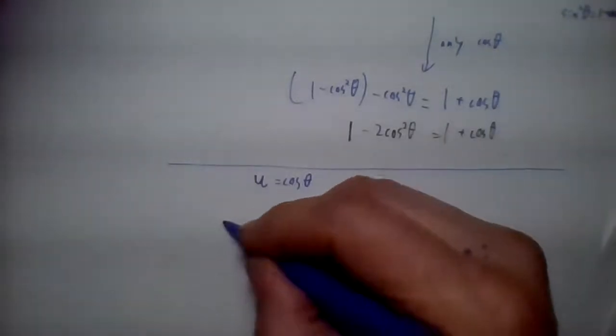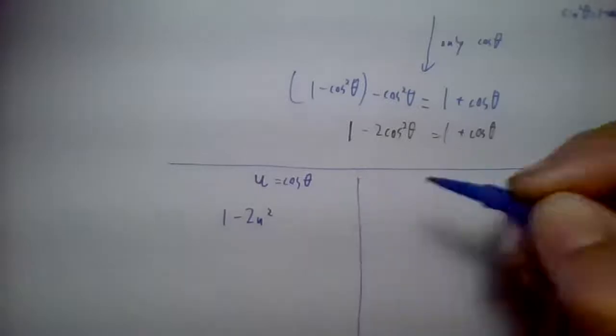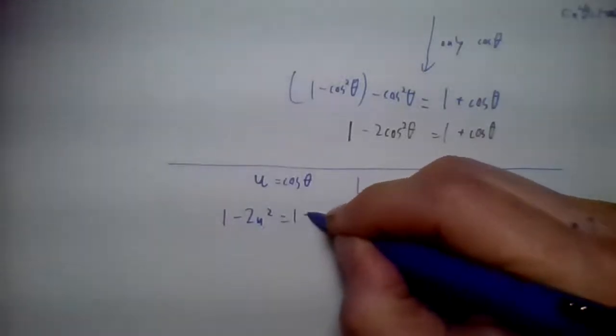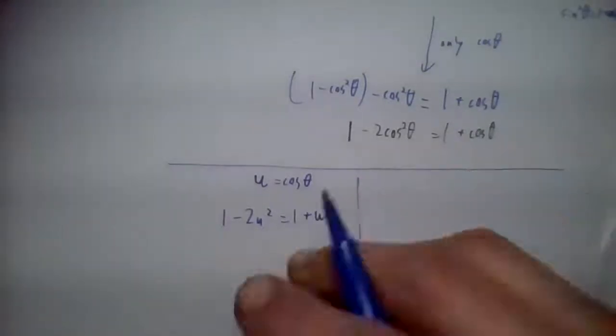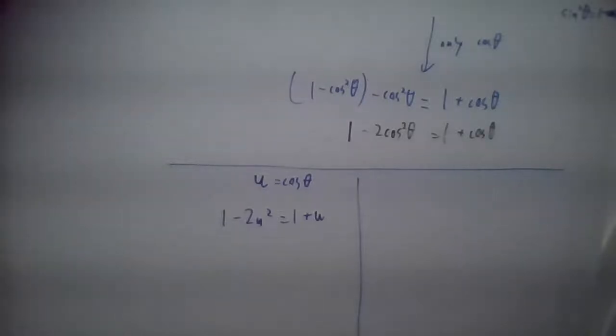Instead of dealing with fancy trig looking stuff, I just think about algebra. That's more comfortable for a lot of people. Right? 1 minus 2u squared equals 1 plus u. That looks like an algebra problem.